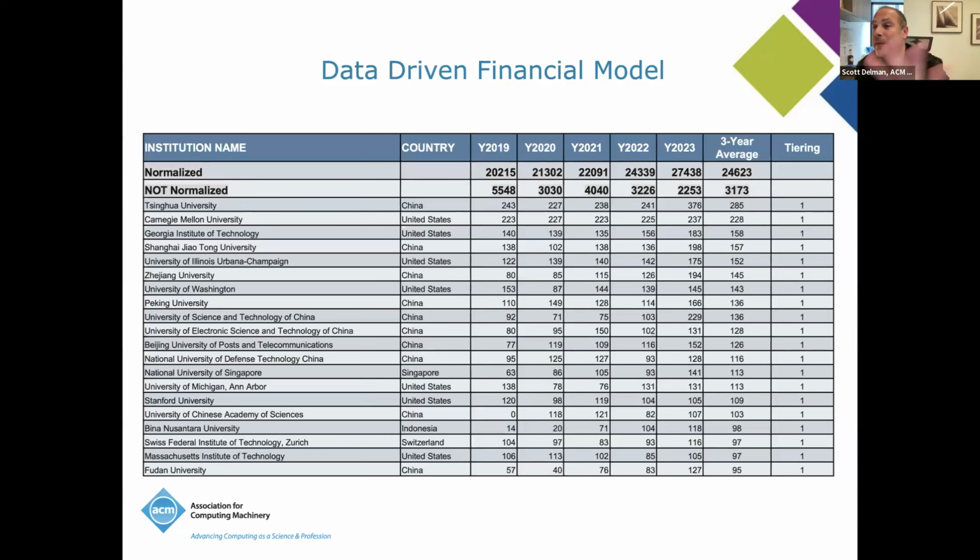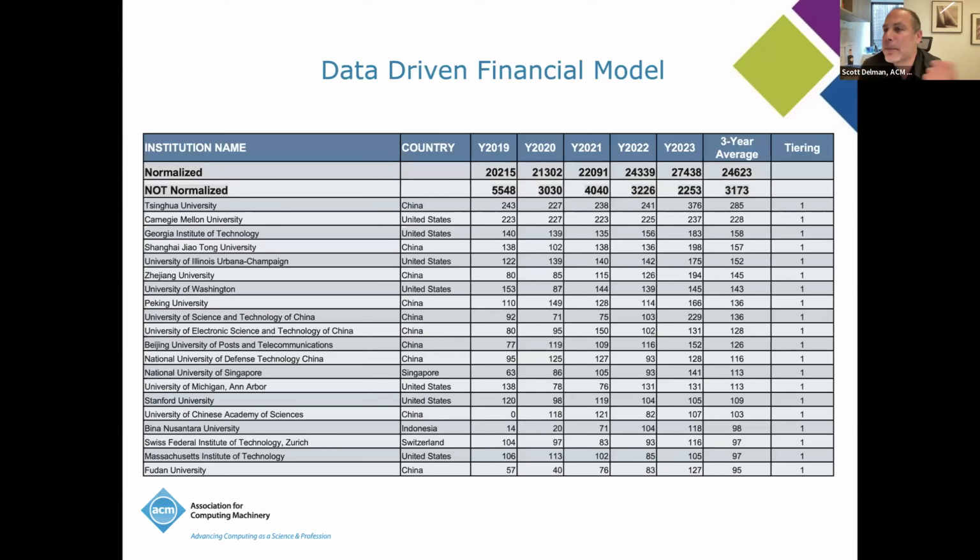And I'm putting up just a bit of data just so you can get a sense of what that data looks like. I'll explain it. This table represents the number of articles that ACM publishes in each of the years between 2019 and 2023, where the corresponding author of the article is affiliated with that institution on the left-hand column.